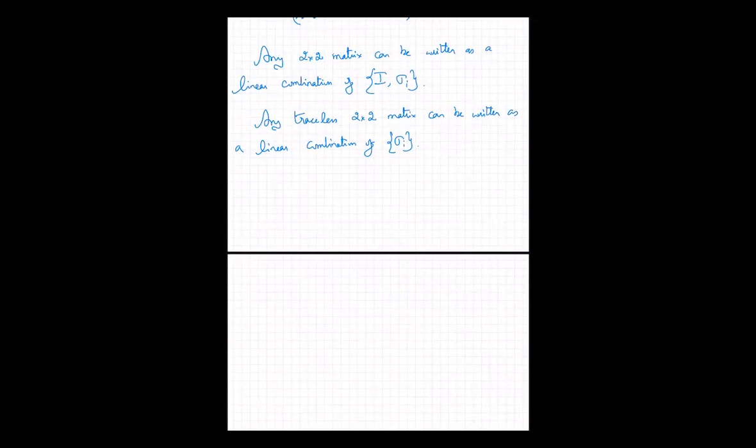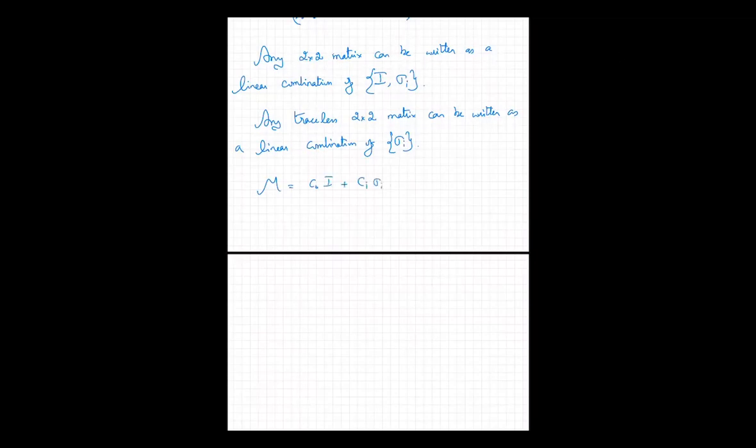But if you have a traceless 2 by 2 matrix, it can be written purely as a linear combination of the sigma i's. So what I'm trying to say is that if you have a matrix M, which is in general with non-zero trace, I can write this as some C0 times I plus Ci sigma i.